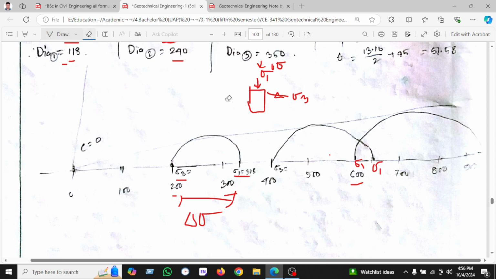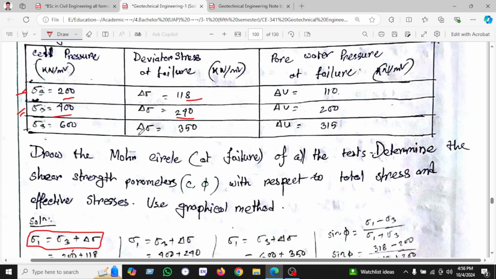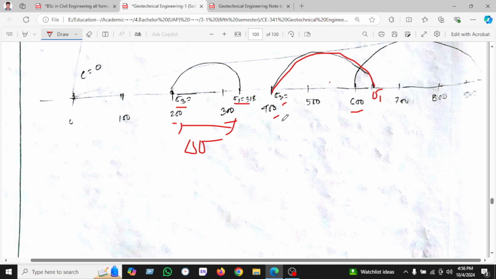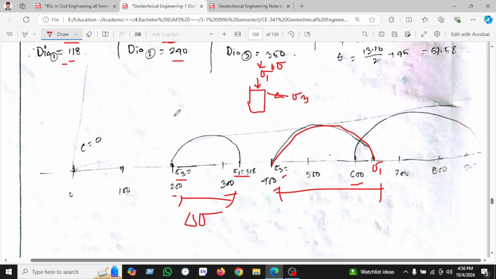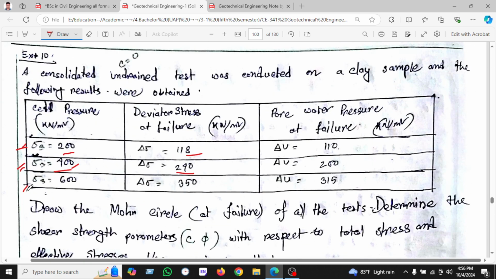I am using this value because we are drawing this graph. Sigma 3 is given here as 400, and we can deduct this value and find the diameter will be 240.